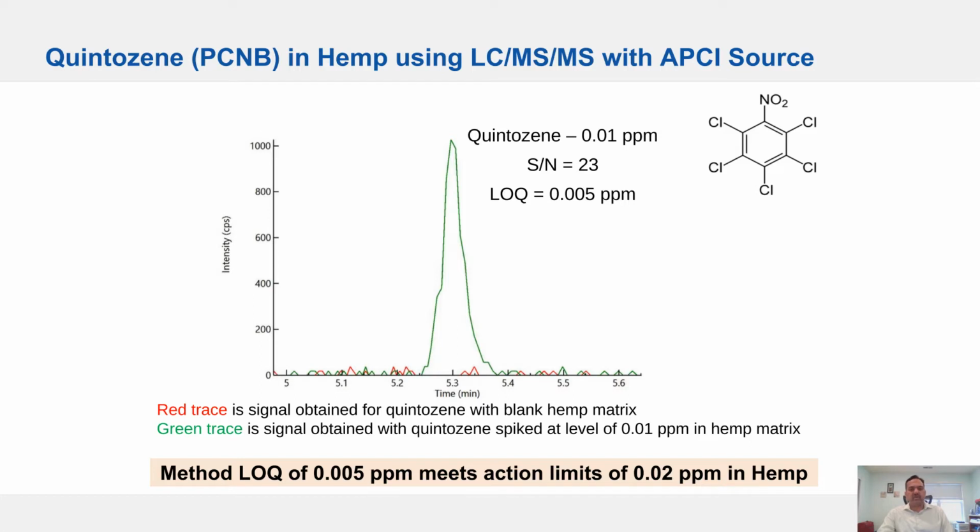It only shows electronic noise. It does not show any matrix interference peak at the retention time of quintozene. And we get excellent signal to noise for quintozene even at a very low level of 0.01 ppm in hemp. So our method is both sensitive and selective for quintozene and other non-polar pesticides using APCI ion source.